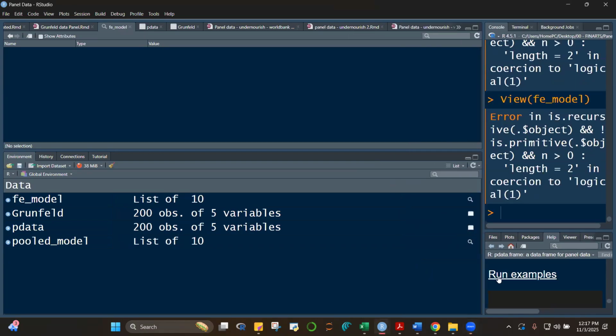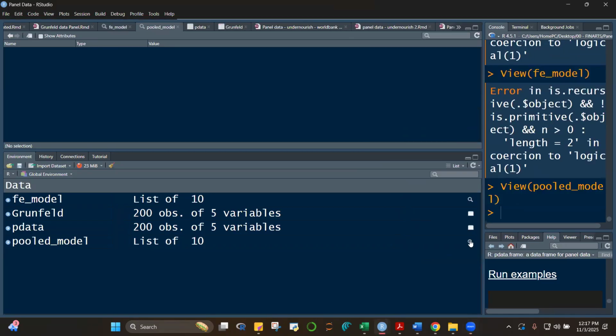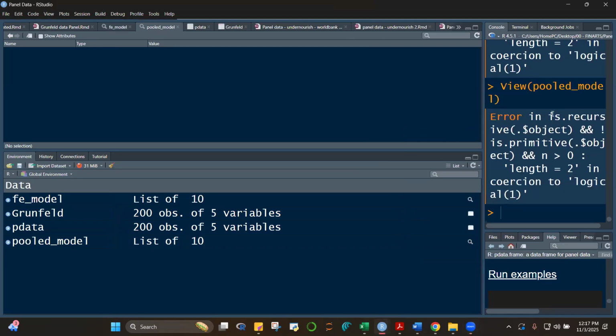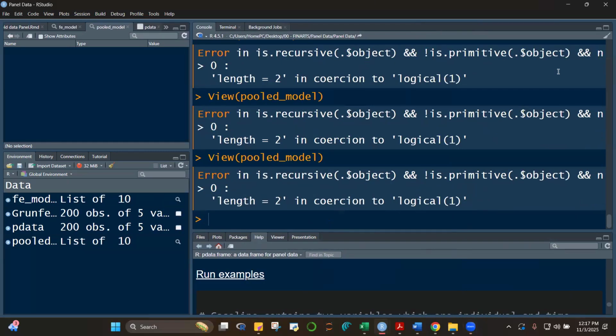Let me check the pooled one too. Error also. Did the pooled one also error, class? Could you kindly check? But there's a result, no? Okay, I'm wondering why. There's a result though.